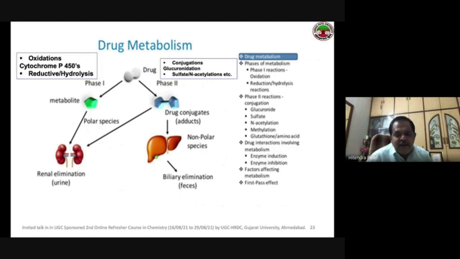So friends, there is a huge amount that happens after drug absorption and distribution. This kind of metabolism process takes place, and you can understand how metabolism takes place in phase 1 and phase 2, and then the drug can be eliminated in two important ways, renal elimination as well as biliary elimination, as understood from this figure.